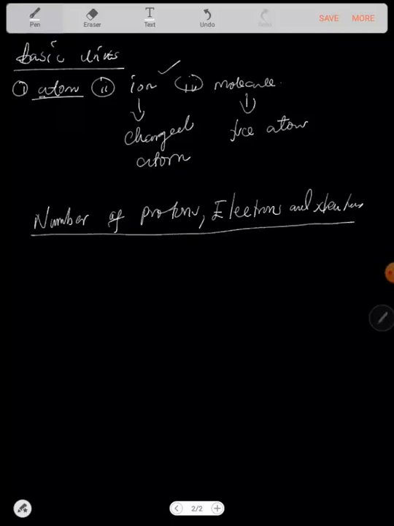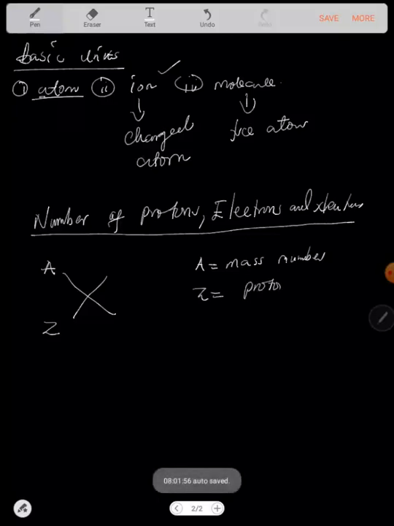Now we know that every element has got a symbol. It has got a number there and a number there. The A number is what we call the mass number. The Z number is what we call the proton number or the electron number.